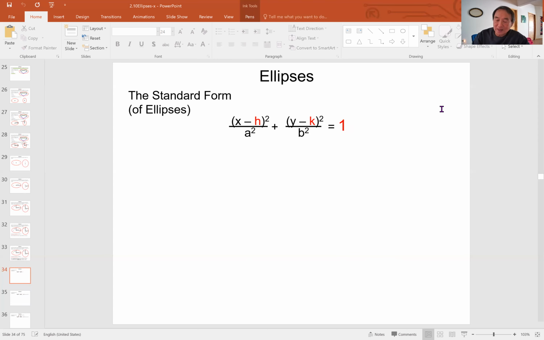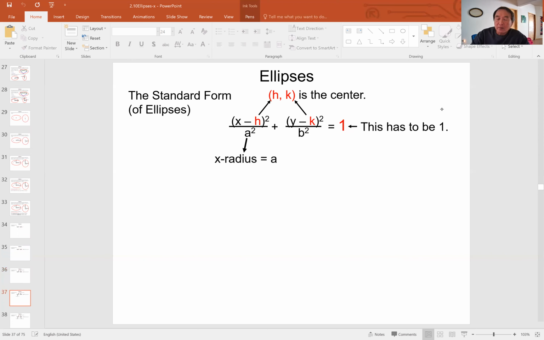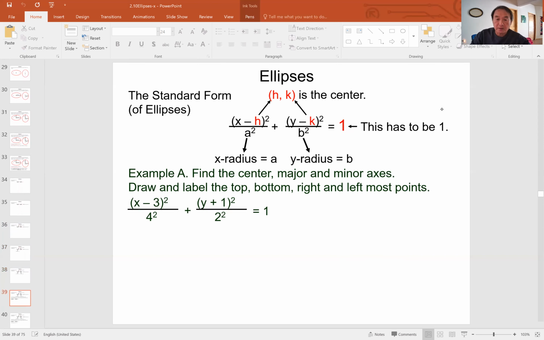Once we have this standard form, this is how we identify the major components of the ellipse. The (h, k) will be the center, a will be the horizontal radius, and b will be the vertical y radius. For example, this equation is in the standard form of an ellipse.